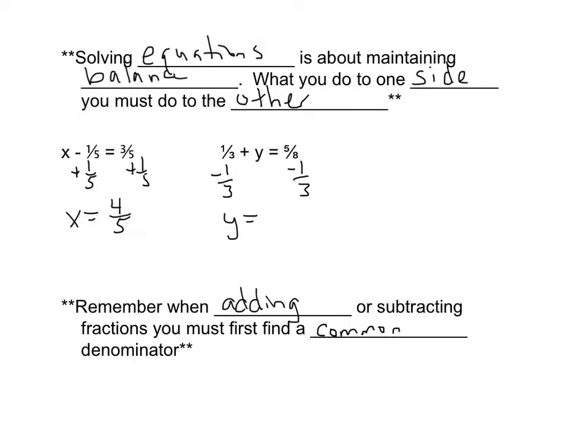So, since 8 and 3 are different, we have to first find a common denominator, in which case I would probably use 24. Okay, 8 times 3 is 24. 5 times 3 is 15. 3 times 8, 1 times 8 would be 8, so we have 15 minus 8, which would be 7/24.